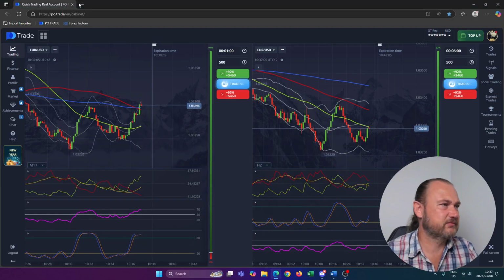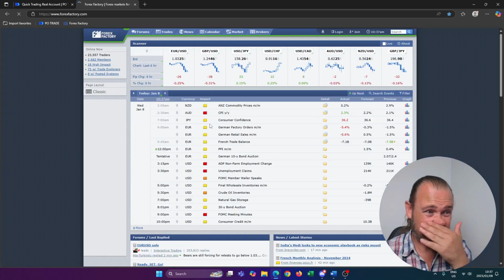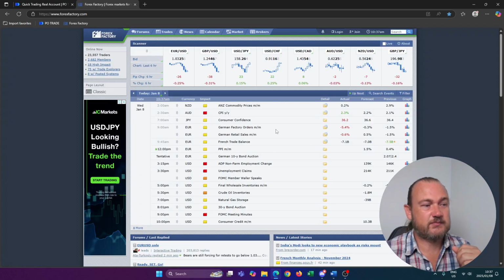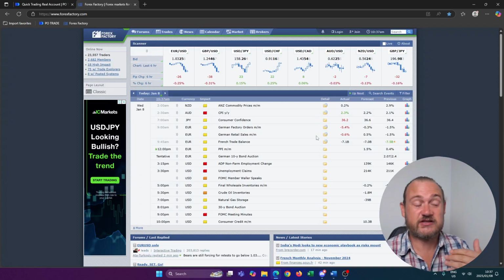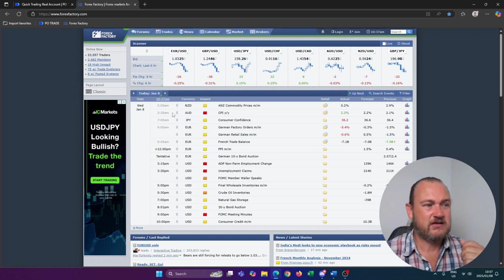Let's just quickly check this out. So this is what I check every day before I start trading. I open up the economic calendar, and then I just look for events that I think might have a massive impact on price movement, and I avoid taking option trades just before or during data releases like this.